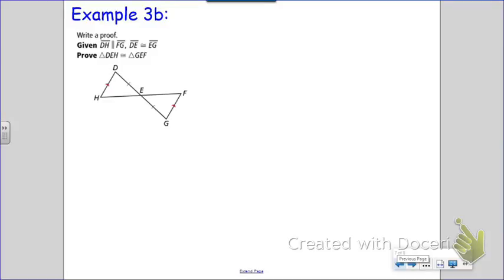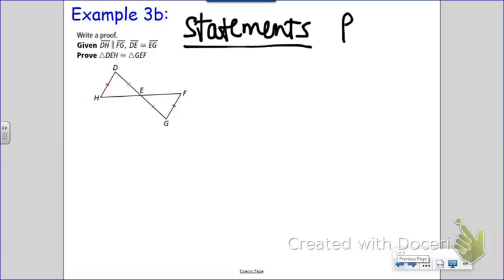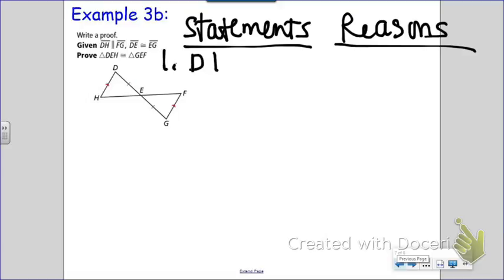I'll show you a different way that you can prove the two triangles congruent. If you wanted to, on this one, you could use both pairs of alternate interior angles rather than using the pair of vertical angles.